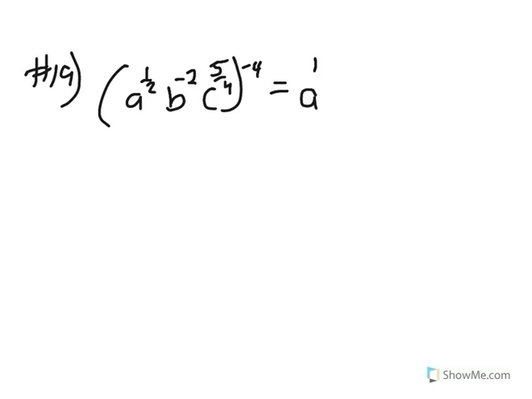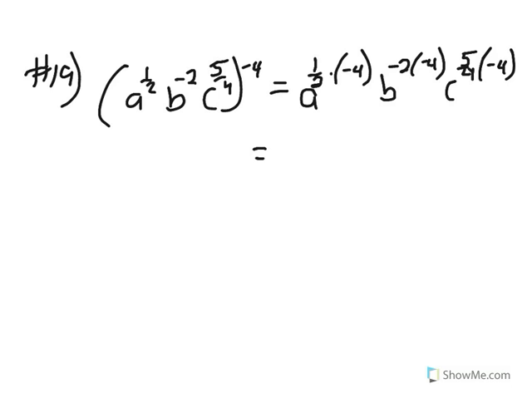You take each base with its exponent and you multiply it by the exponent that's on the outside of the parentheses. (1/2) times -4 is -2. -2 times -4 is +8. Multiplying by 4 and dividing by 4 gives us 1. So we got 5 times -1, which is -5.